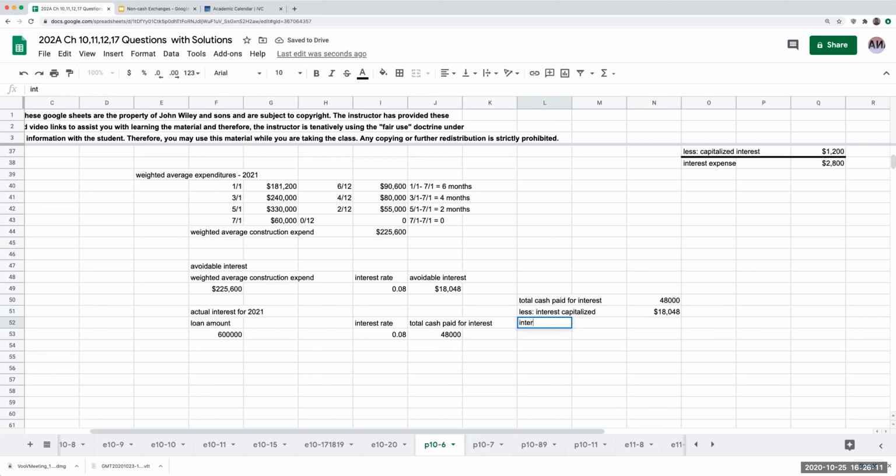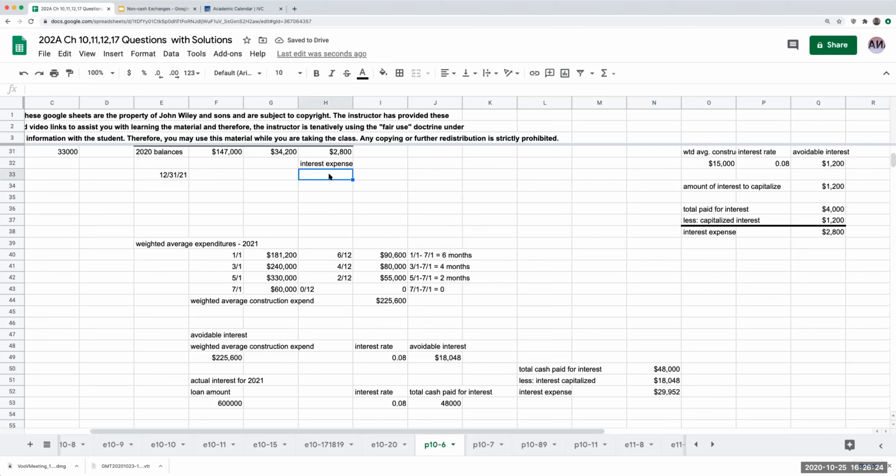So my interest expense is going to be 29,952. So that's going to be my interest expense for 2021.